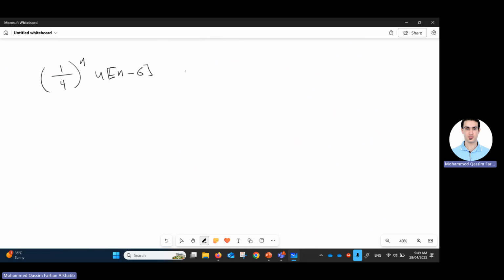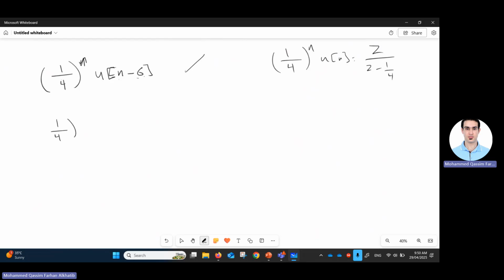This is a good question that you may face in one of your exams. We said that as long as we have the shifts, we can apply that rule. I know that 1 over 4 to the power n u of n will lead to z over z minus 1 over 4, right? But I have now a shift by 6, and I don't have the shift in the exponent. So what to do? Do it this way.